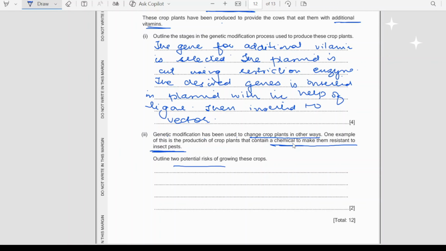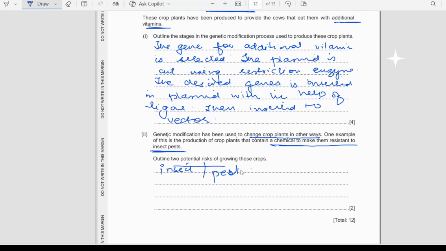That is the ultimate answer. But how? Let's move to this term, insect and pest.